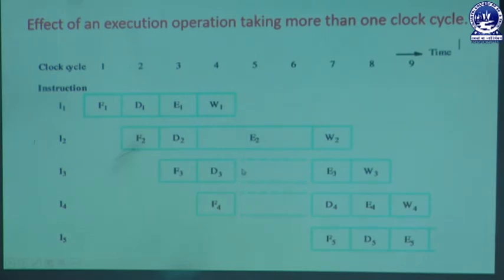While I3 is waiting for the execution unit, instruction 4 is fetched because the fetching unit is empty, but it can't go to the decode unit because the decode unit is busy, or the buffer is busy storing instruction I3.